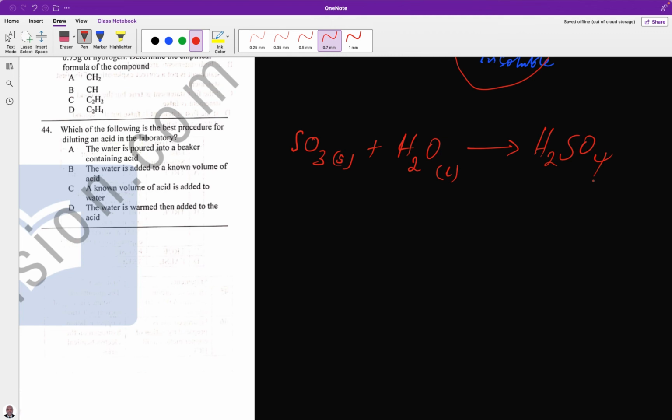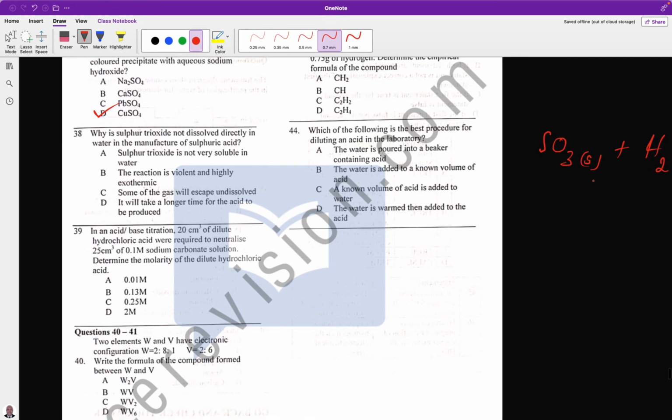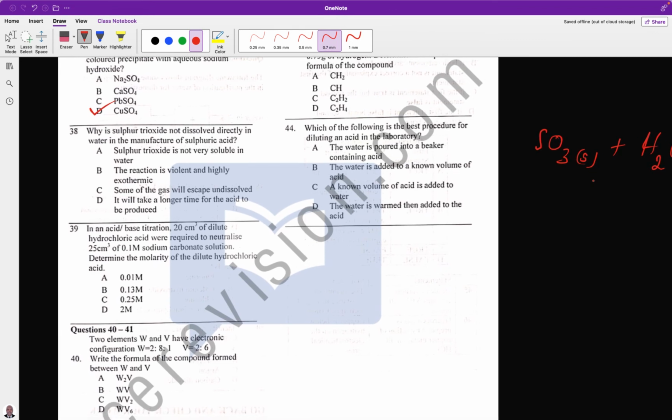A thick mist is produced that makes it very difficult for the acid to be collected. If we visit our answer column, the answer is that the reaction is violent and highly exothermic. B is the right answer.